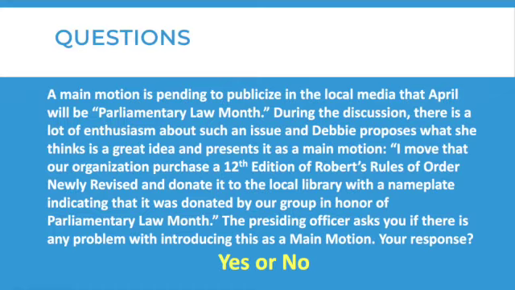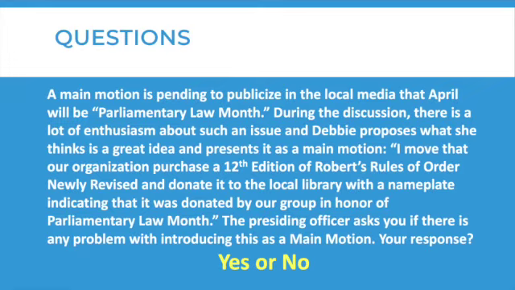Another example, you are still a parliamentarian. A main motion is pending to publicize in the local media that April will be Parliamentarian Law Month. During the discussion, there's a lot of enthusiasm about such an issue, and Debbie proposes what she thinks is a great idea and presents it as a main motion.